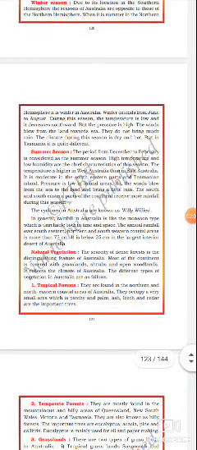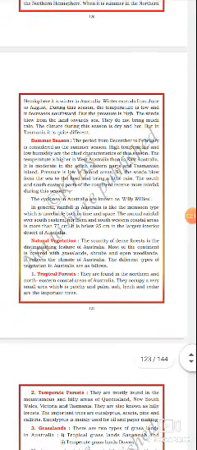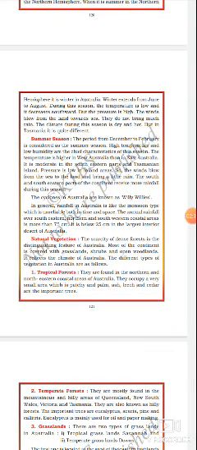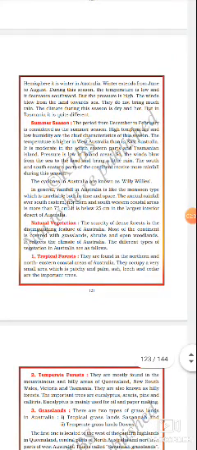During this season, the temperature is low and it decreases southward, but the pressure is high. The winds, which means air, blow from the land towards the sea.